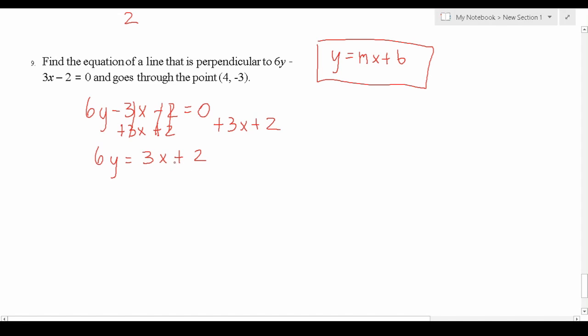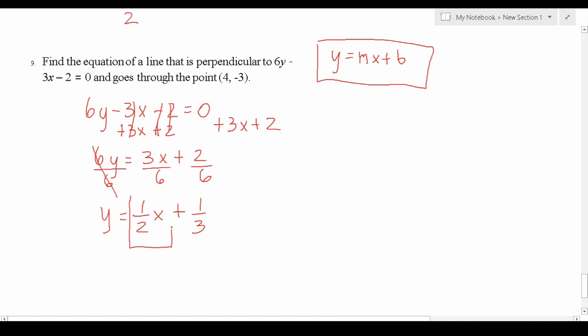And then you want to go ahead and divide everything by 6 to get y by itself. This will cross out and leave you with y equals 3 over 6, as you should know, is the same as 1/2 x plus 2 over 6, which is the same as 1/3. Okay, so we basically took this equation of a line and wrote it in slope-intercept form.